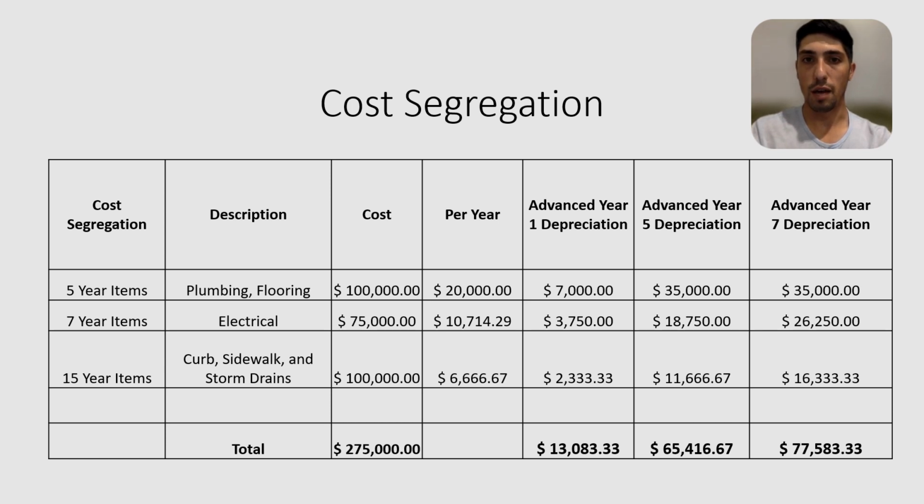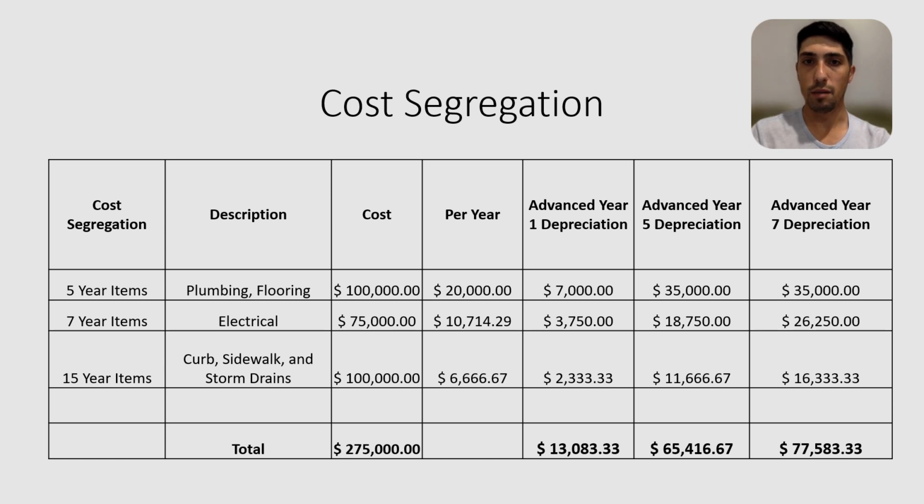Now we can multiply that by each additional point in time that we want to look at, which will be 5 and 7 years for this example. But remember, we can't take additional depreciation on items that have been fully depreciated. So that's why the same number is listed for both 5 and 7 years for our 5-year bucket. Think of it as once the bucket is emptied, we can't fill it back up.